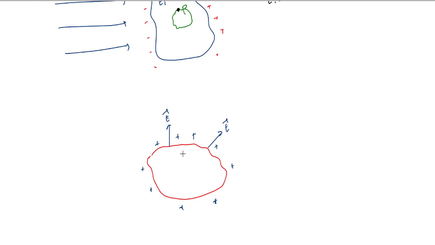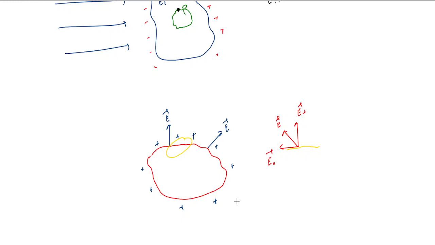That is because if the field was not normal, then, if you look at the top view of this part, the field would be aligned at an angle to the normal. We call this E, and this E will have two components: a component perpendicular to the surface, E perpendicular, and a component parallel to the surface, E parallel.